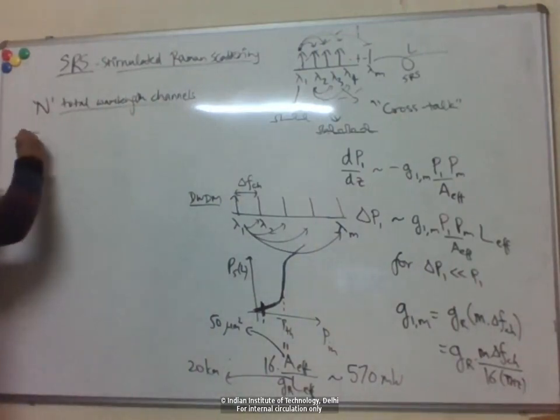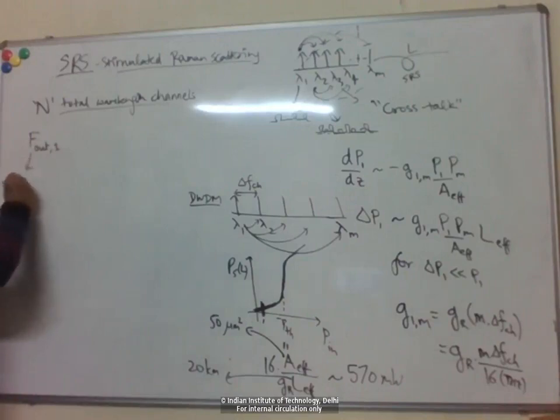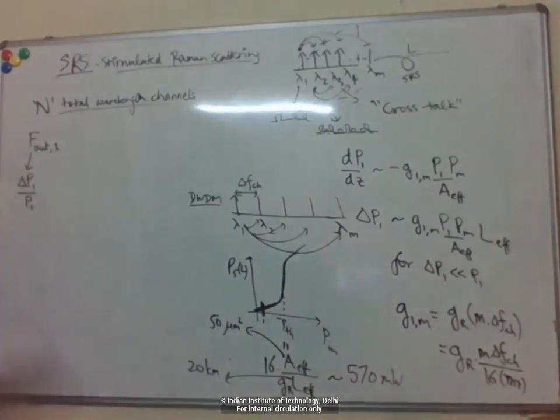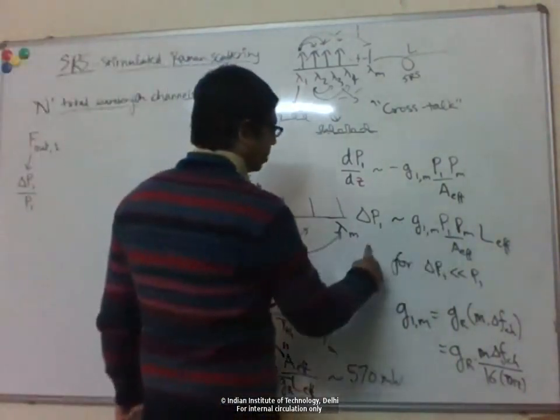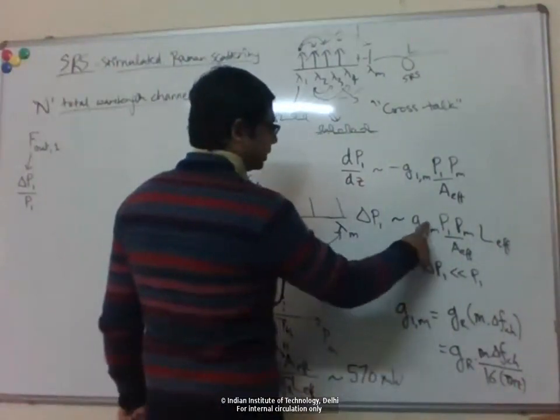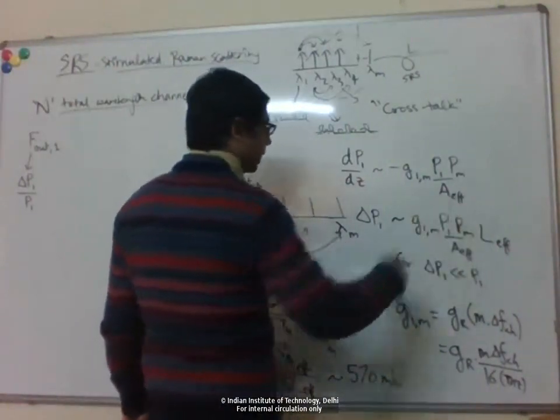Then the so-called fan-out factor F is defined as delta P1 over P1, the fractional loss in power for channel 1. If I bring P1 to this side, you can see it is just G times the power in the mth channel.